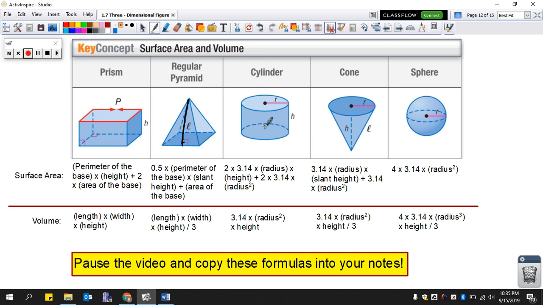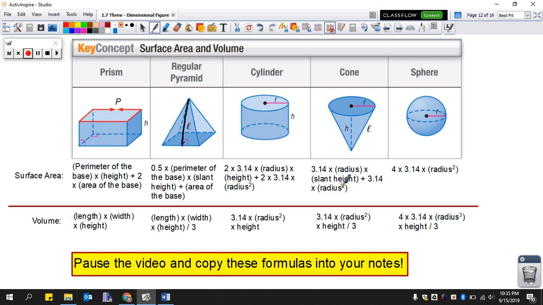Cylinder, surface area of a cylinder. A cylinder, if you think about it, has a circle on top, a circle on the bottom, and then the side is made up of a rectangle where the width is the same as the height, and the length is the same as the circumference of a circle, which is 2 times the radius times pi. Right?